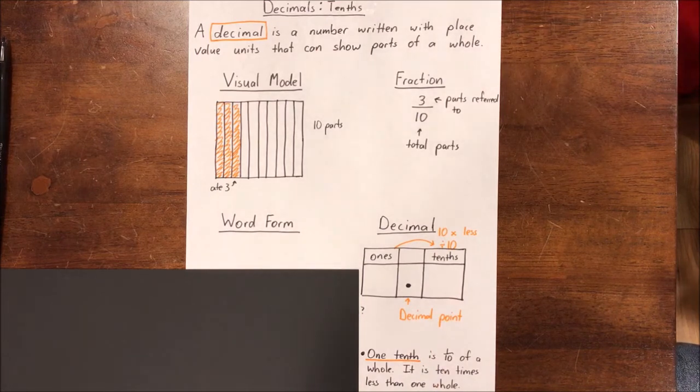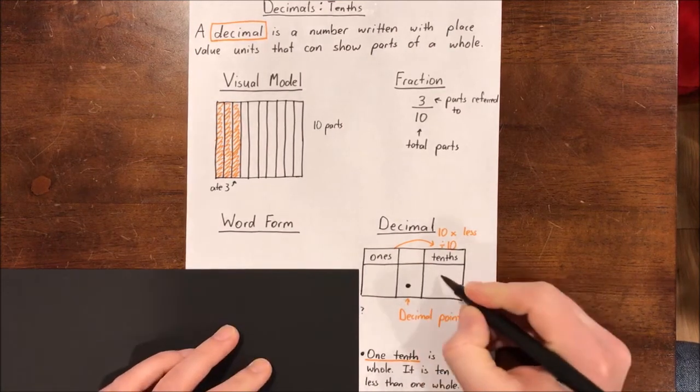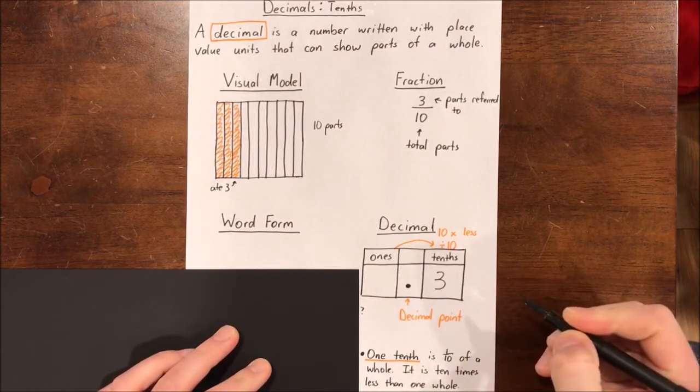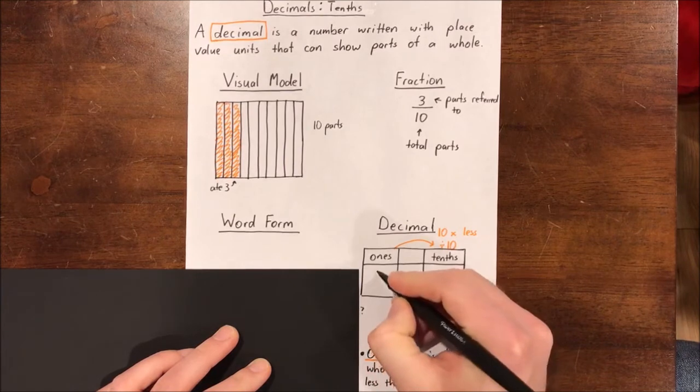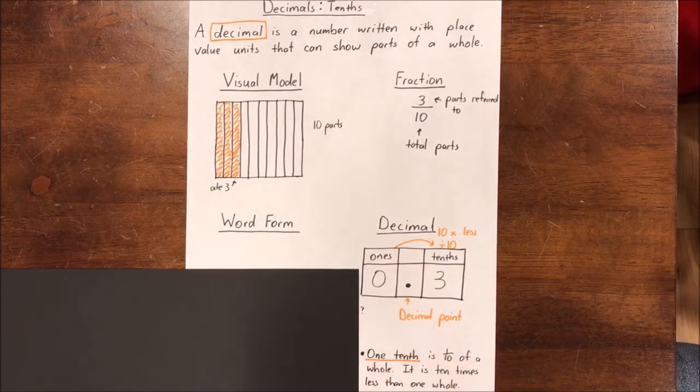Okay, so let's come back to our problem. How could I write 3/10 as a decimal? Say it out loud. Right, I could put decimal point 3. You can put a 0 in the ones place if you want. You don't have to, it doesn't matter. Okay, how did you know to write it like that? Like, why does this make sense?